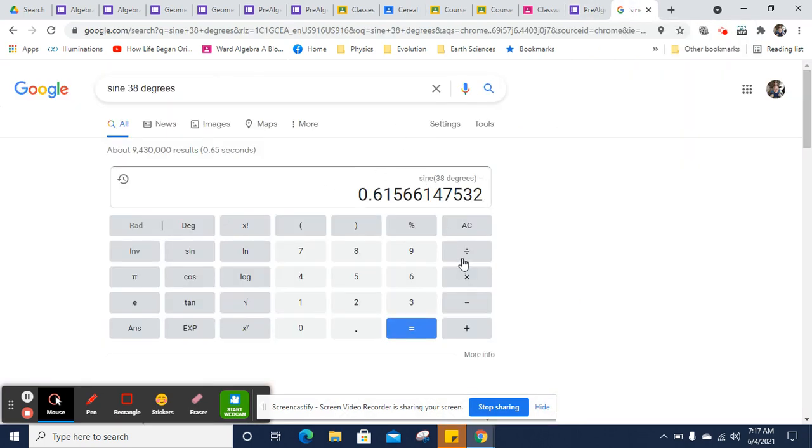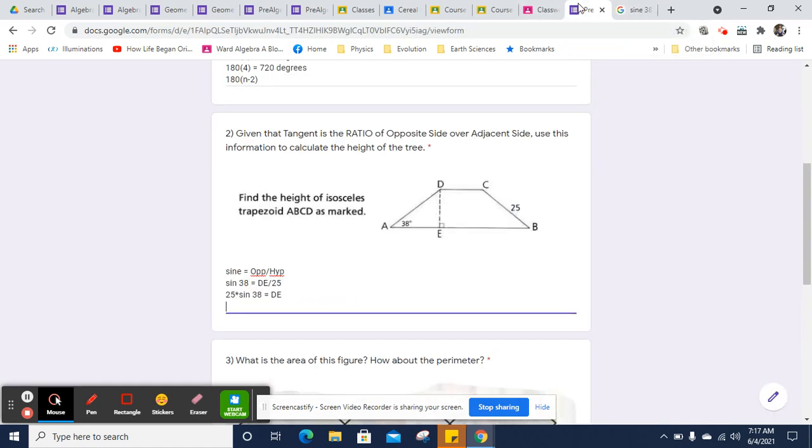So let's actually just multiply times 25, and we will have a pretty good answer for this, about 15.39, 15.4. Okay, so we can just say equals 15.4 units.